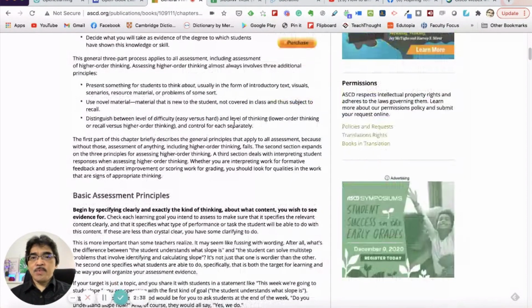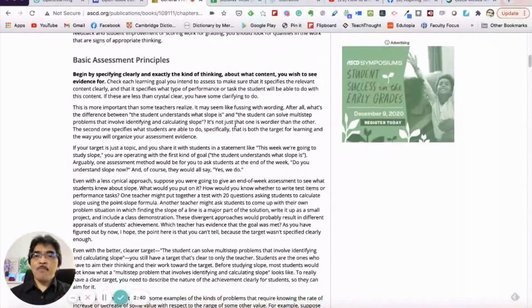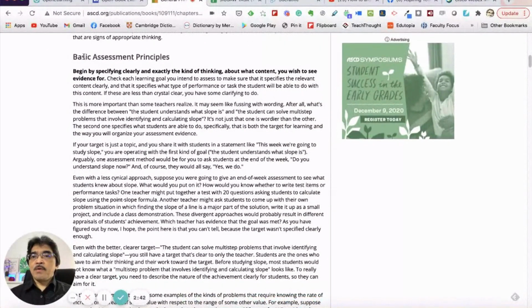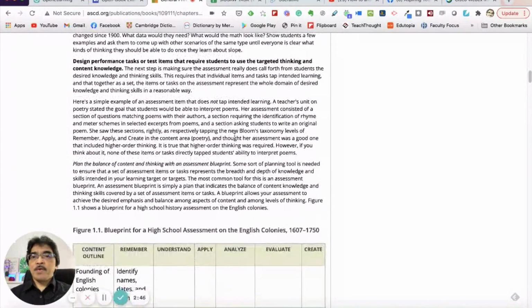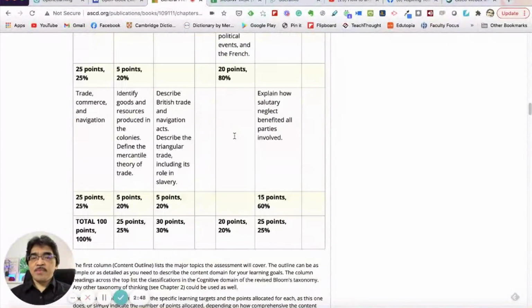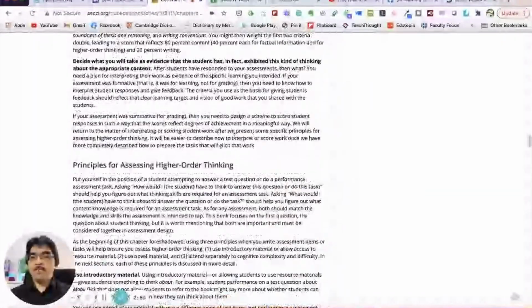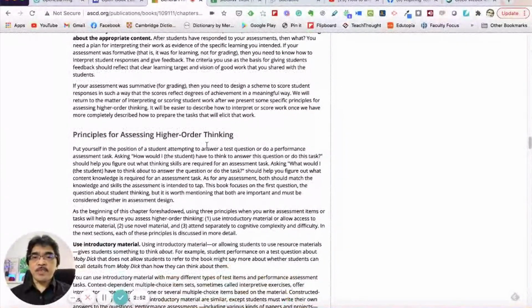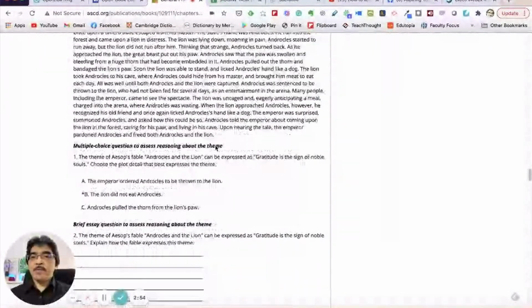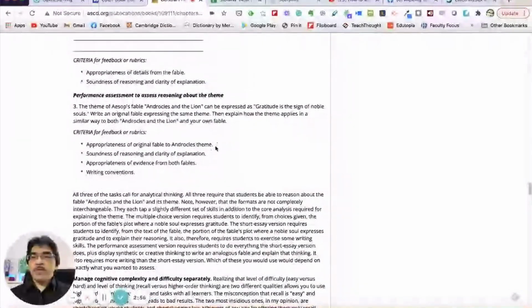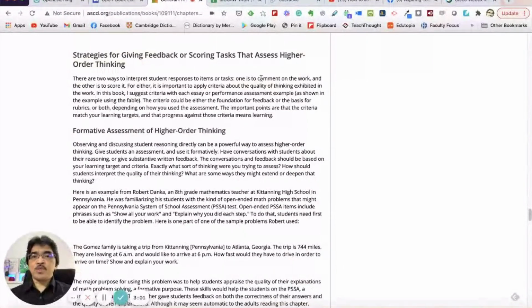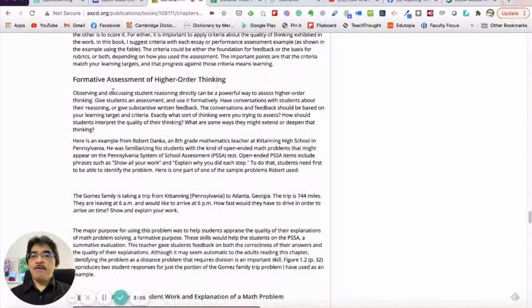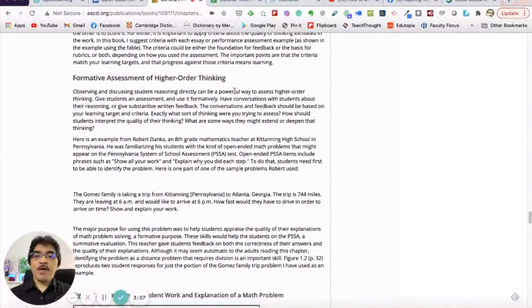So you can see this is a very long, very comprehensive article explaining the basic assessment principles, how to design, and more detailed explanation here: principles for assessing higher order thinking, with examples, strategies for giving feedback and scoring tasks that assess higher order thinking, formative assessment for higher order thinking.